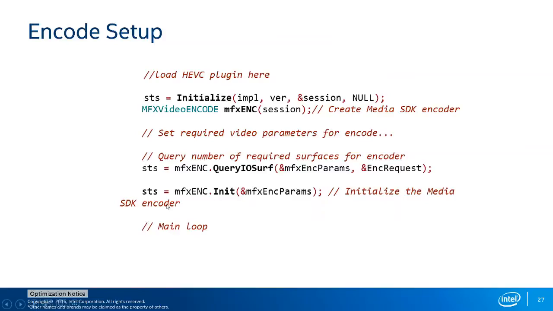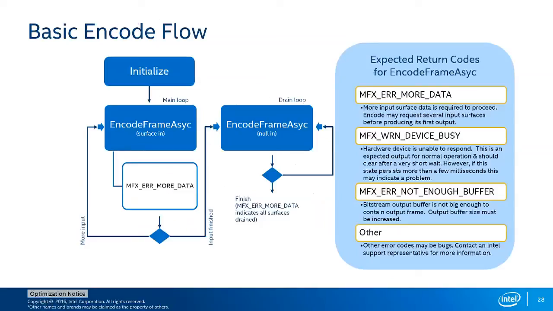Then you can initialize the stage and actually do your allocations. The main loop is the stages are implemented as state machines.